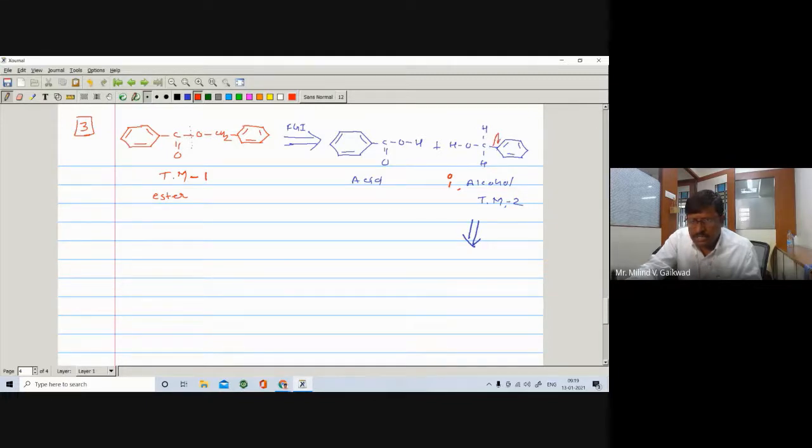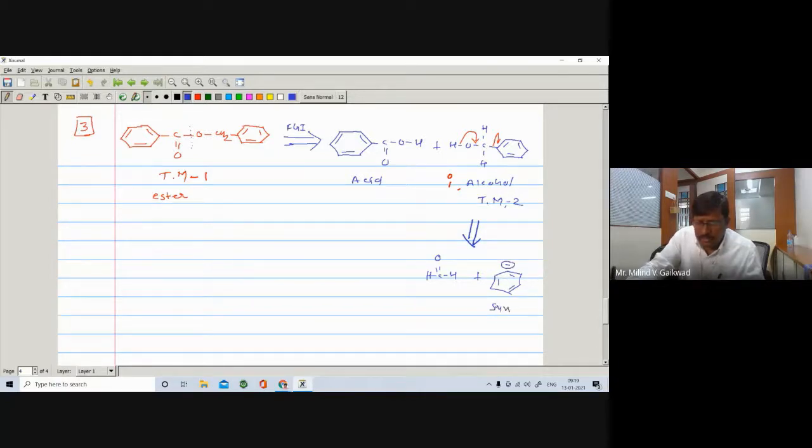This will shift here, C negative, C positive. This will shift here, formation of a double bond, and you are getting corresponding fragments. So fragments are, here is H C double bond O, H plus, here is a negative, pi bond, pi bond, pi bond, and here is a negative.